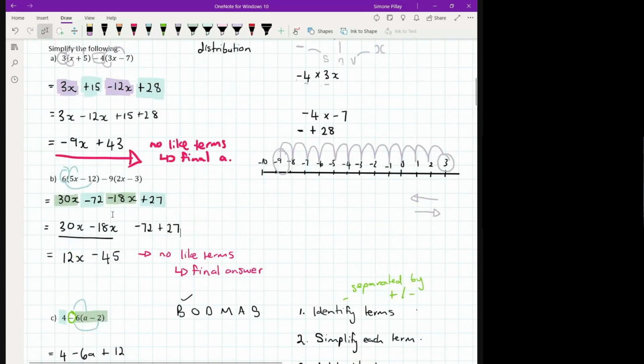Once I highlight it and once you guys get comfortable with it, you should be able to skip this middle step. If it helps you, by all means include it, but it's not required.